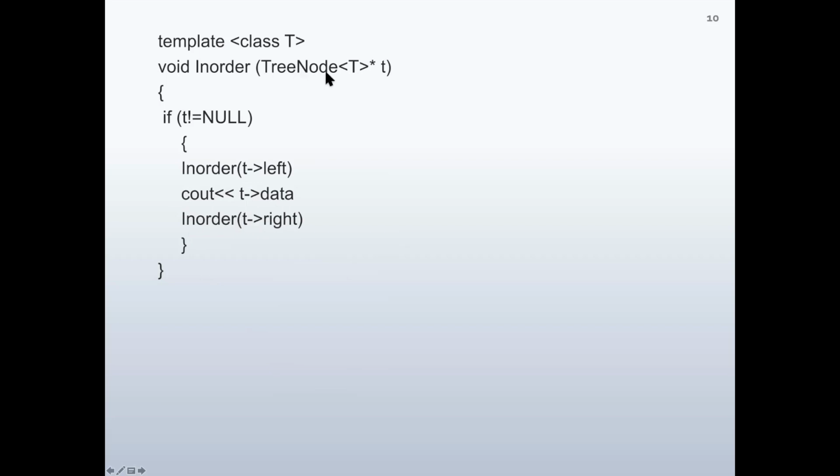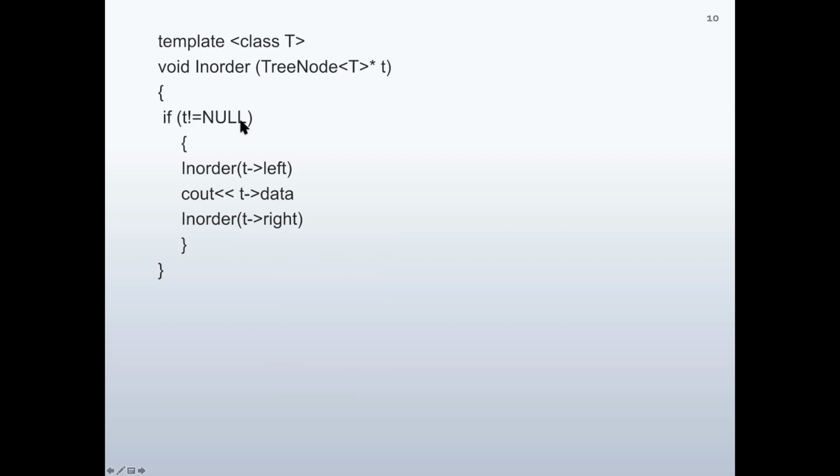Notice that here we are starting with the pointer to the root. If that pointer is not null, that means that we have some nodes in the tree. Here we are calling the Inorder with left. That means that we are going to traverse the left subtree. For the left subtree, now here T is the pointer pointing to the root of the left subtree.